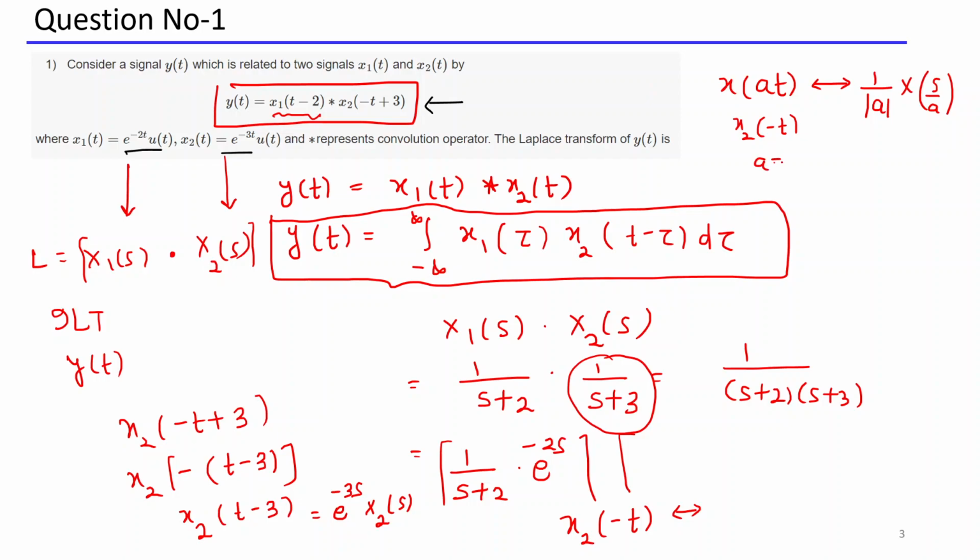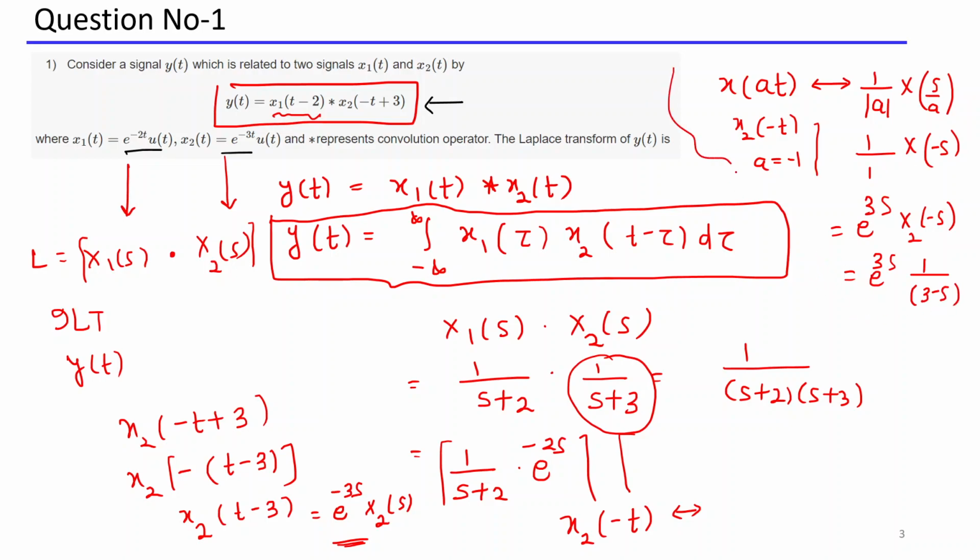Your a equals minus 1, so it gives you 1 by mod a, which is 1, and X divided by minus s. So whatever your X2 of s is given, just put minus s in place of s. So your answer should be e to the power 3s times X2 of minus s. And your X2 is 1 by s plus 3. So this will be e to the power 3s into 1 by 3 minus s, just the reverse.